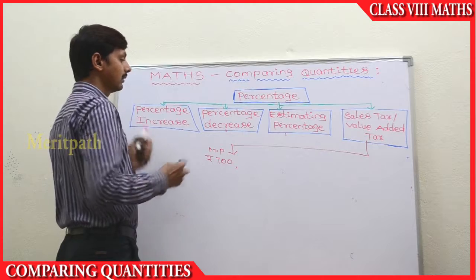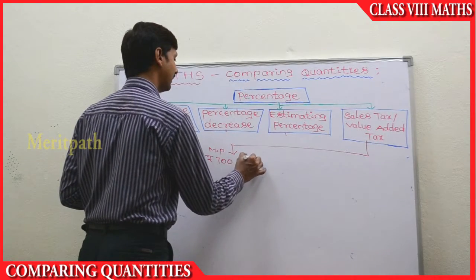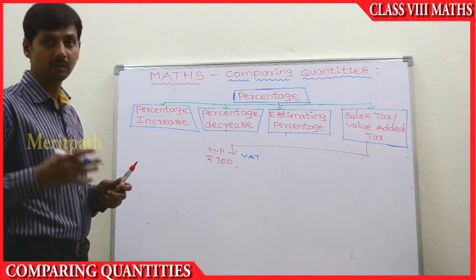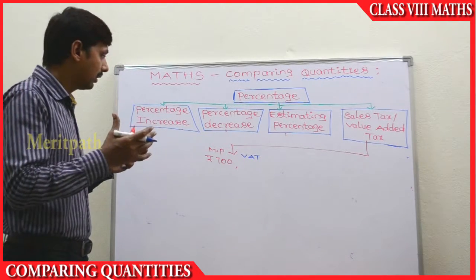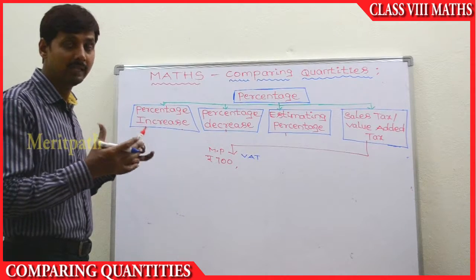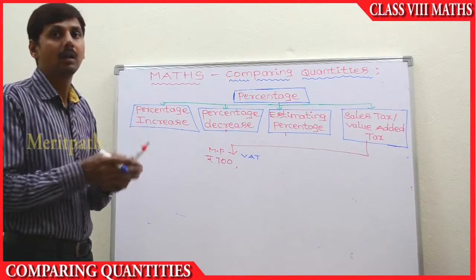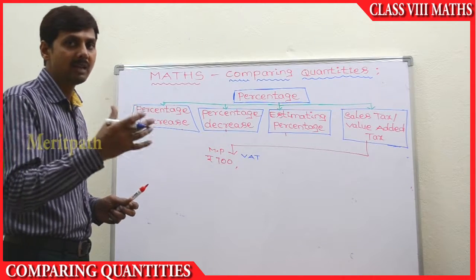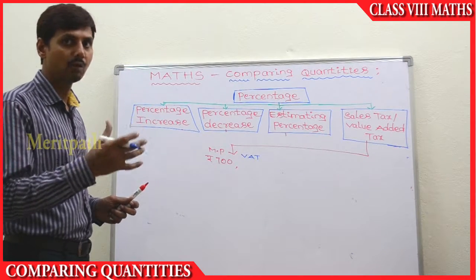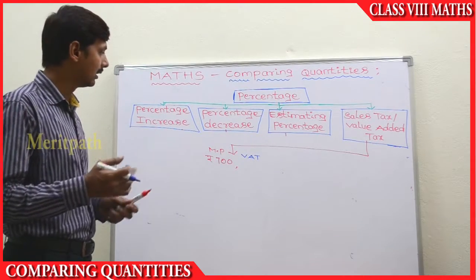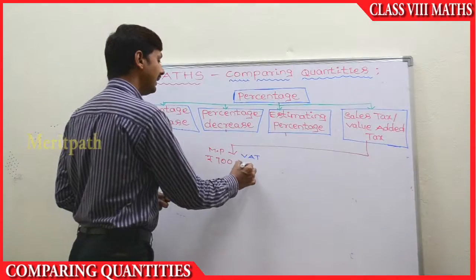Sales tax, value added tax: the thing and the value added tax together, that amount is what we need to pay to the seller who is going to sell it. So VAT is a percentage we know.